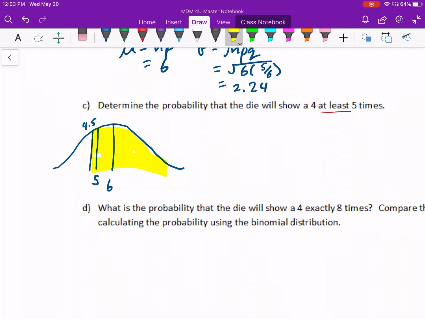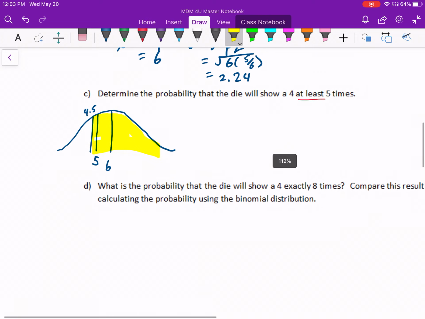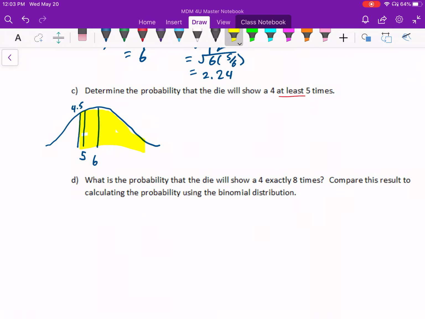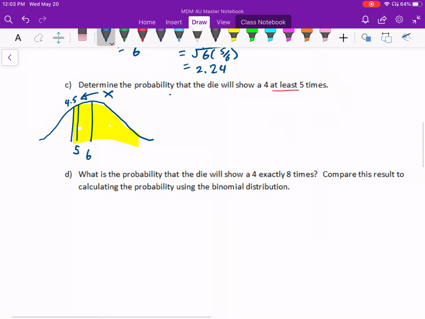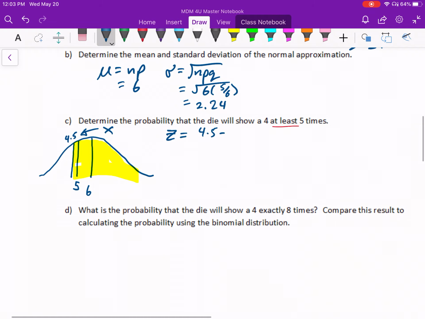And so we want this area here. From here, it's just what we've done before with z-scores and z-score tables. This 4.5 becomes our x value that we're going to use. So z equals 4.5 minus the average, which was 6, divided by the standard deviation, 2.24.